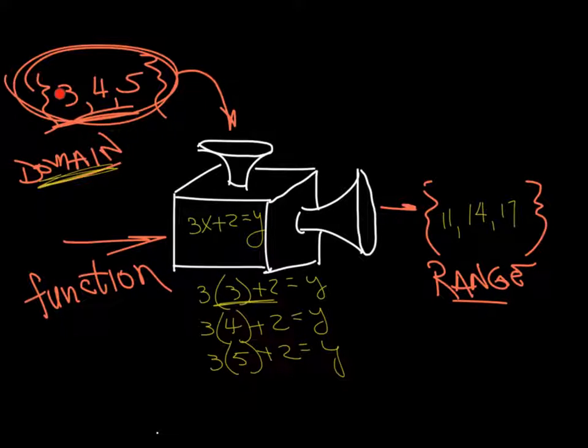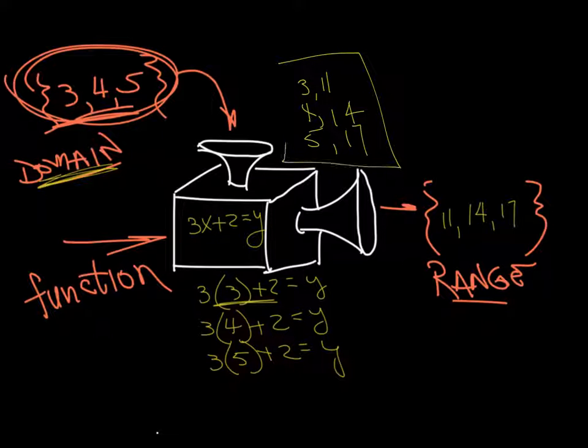I get a y. That means each of these numbers are my y values. So when I put a 3 in, I get an 11. When I put a 4 in, I get a 14. And when I put a 5 in, I get a 17. Okay, now notice this up here. Each of these numbers corresponds to one value here.